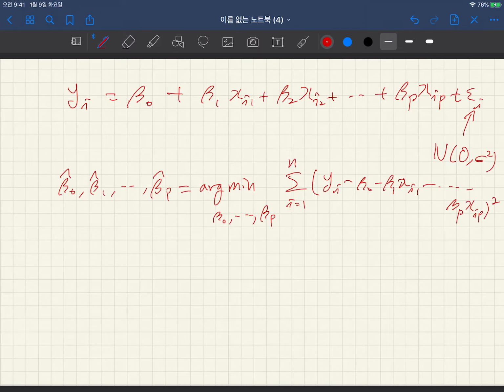Okay, that is the linear regression training process, and from this process we can obtain nice parameters beta 0 hat to beta p hat.